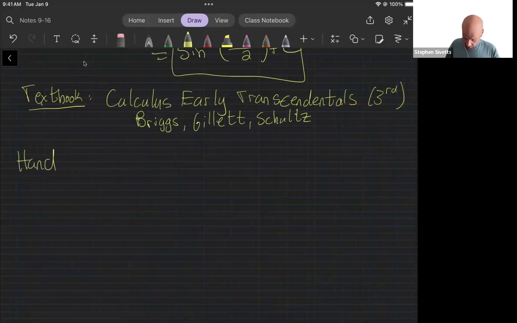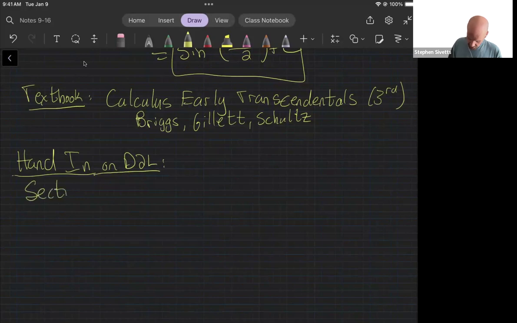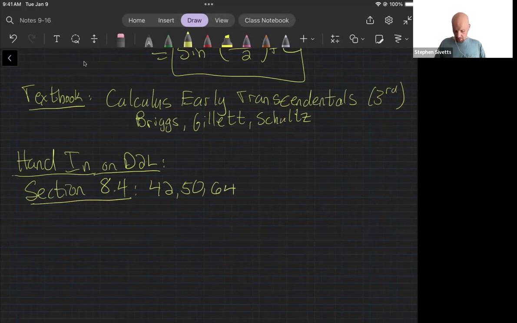I want all my students to hand in these problems. So section 8.4, and I want you to work on these problems to hand in: 42, 50, and 64. Okay. Here are just various examples of trig integrals that we've worked with.